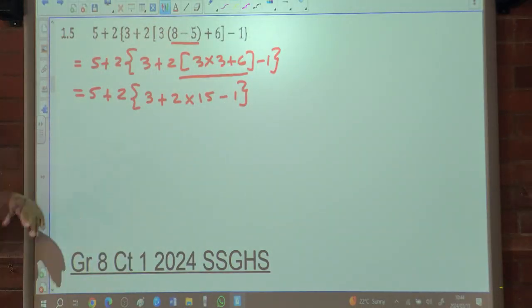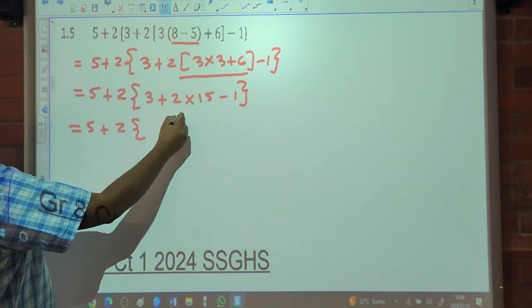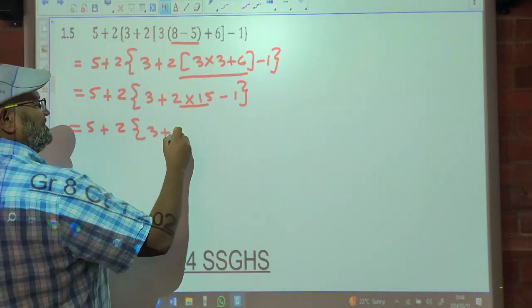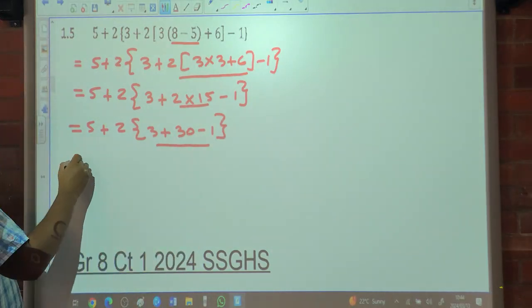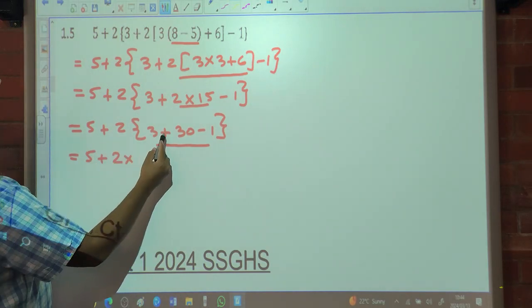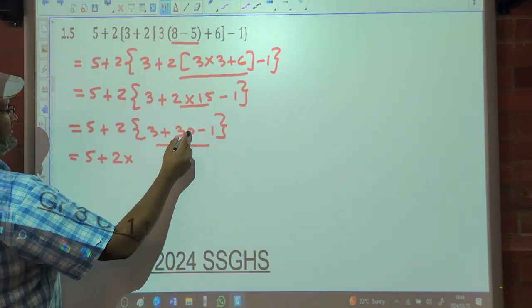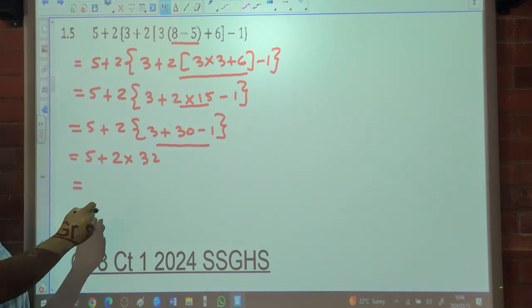So in that squiggly bracket, what must be done first now? Multiplication. So it's 3 plus 2 multiplied by 15 is 30 minus 1. Again that bracket there. So it's 2 plus 2 times. What's 3 times 30? 3 plus 30, 33 minus 1? 32. What needs to be done first?